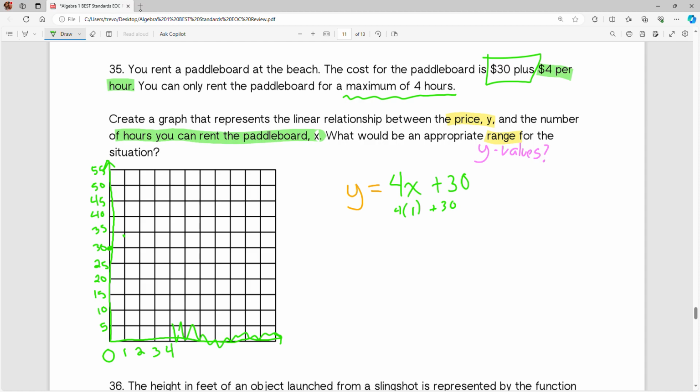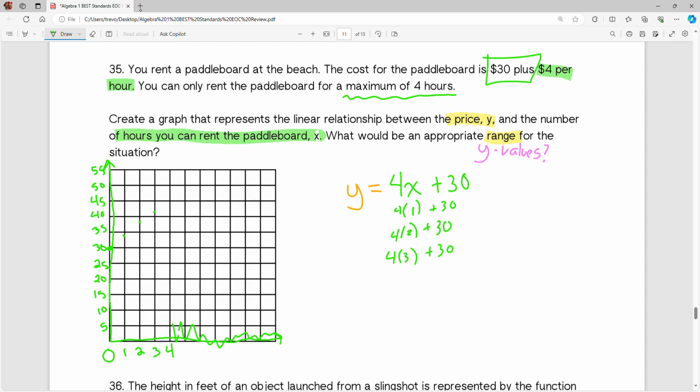If you rent it for 2 hours, 4 times 2 plus 30, 4 times 2 is 8 plus 30, $38. And you can rent it for 3 hours, 4 times 3 is 12, plus 30 is $42.